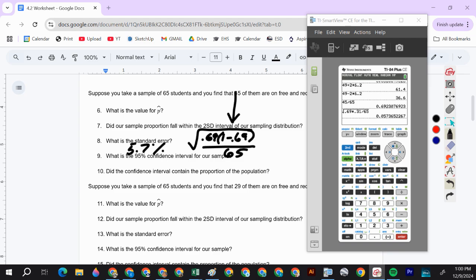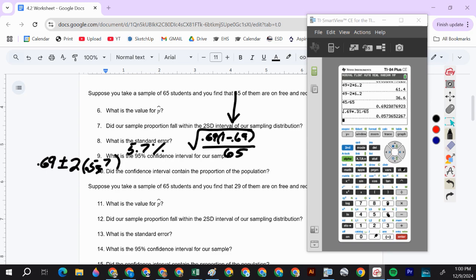All right, so how do we calculate the 95% confidence interval? We take our sample percentage, 0.69, plus or minus, how far out is our 95% window? 2 standard errors, so 2 times 5.7, or 0.057, I guess.